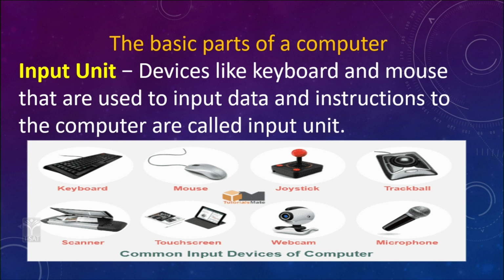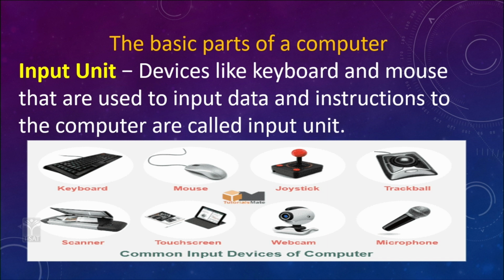The first one is the input unit. Devices like a keyboard and mouse that are used to give input data and instructions to the computer are simply called input units. In the keyboard we have alphabets, numericals and symbols, and by typing all these we give input data to the computer.